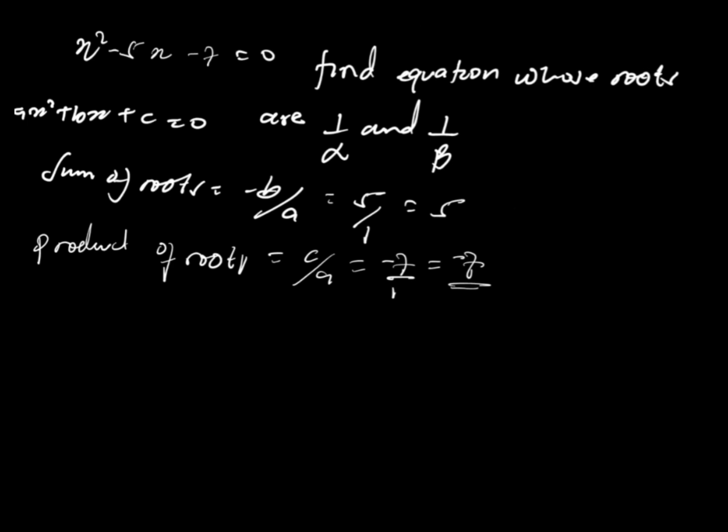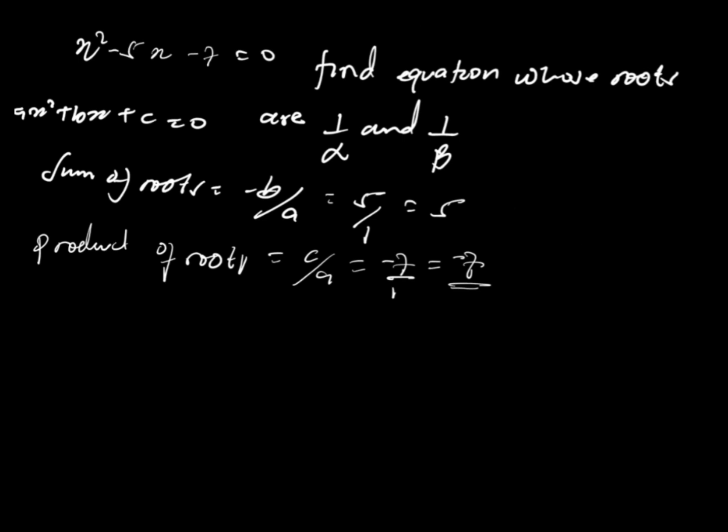So now, the sum of the roots is giving me 5 and the product of the roots is equal to negative 7.